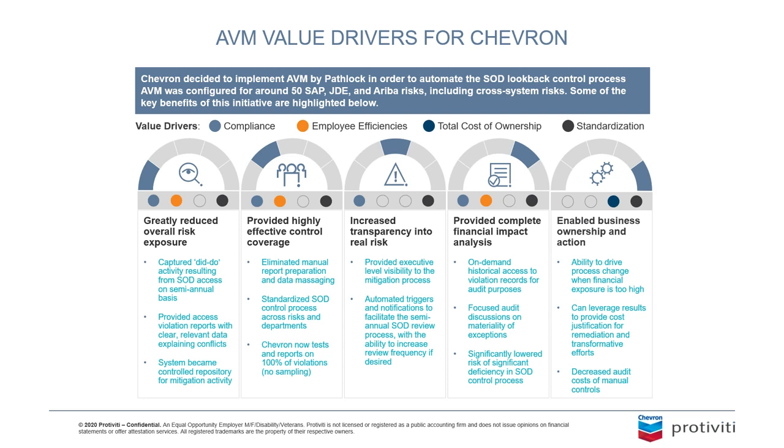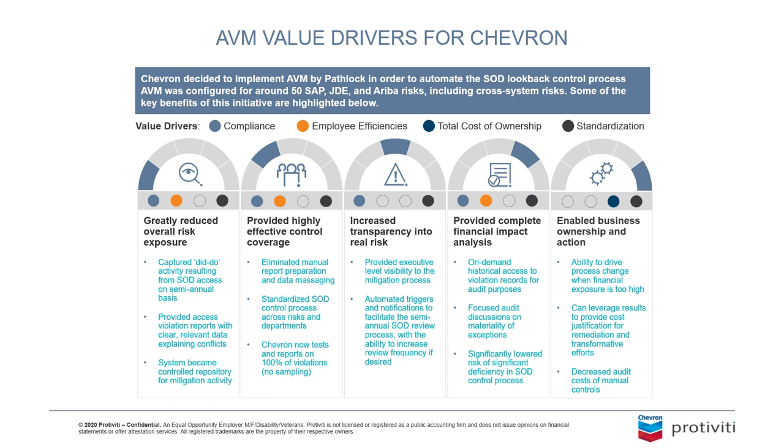There's a more and more refined lens being put on user access as part of overall SOX programs that external auditors are looking for. So AVM really helps standardize a lot of that and have it in one source of truth, one system of record.